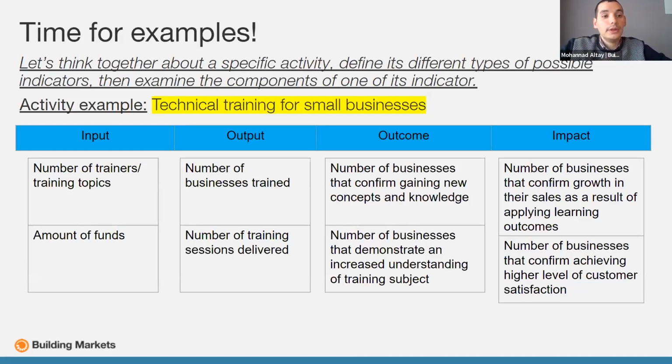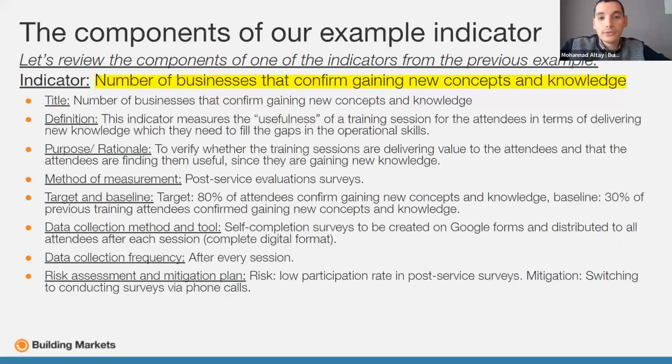And after this, let's review together quickly the components of the indicator. This is the list of 8 components that we reviewed before the example. And now we will see how they are in one of the indicators.